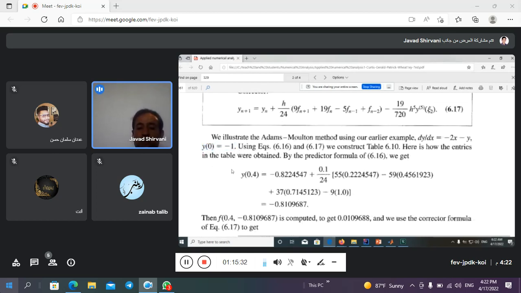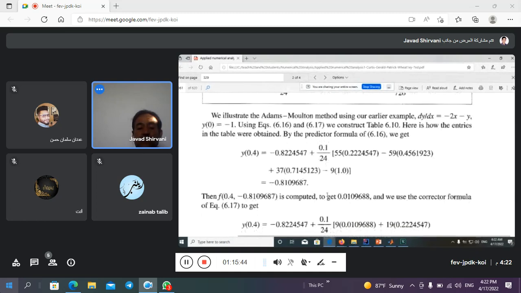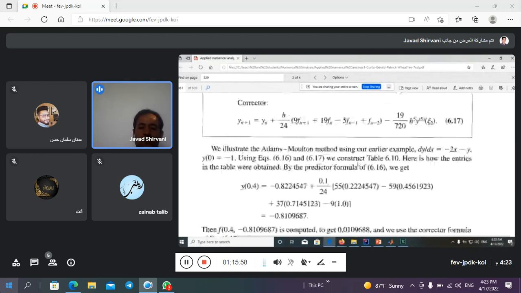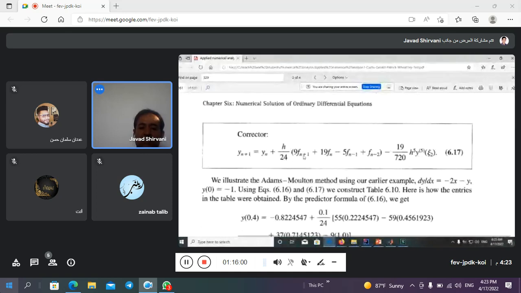By using the predictor formula, we get y at the point 0.4 as this value. And we want to use the corrector formula to obtain a better solution. We need Fn plus 1, as you can see in formula 6.17 in this box.